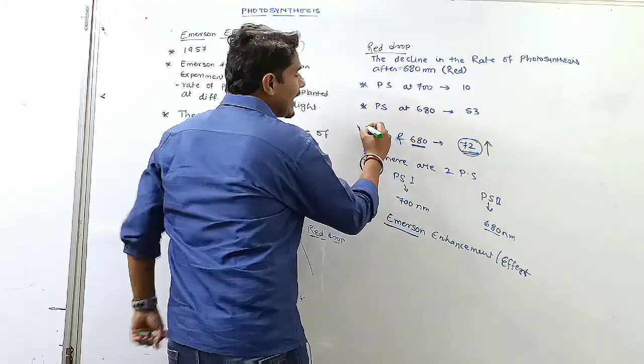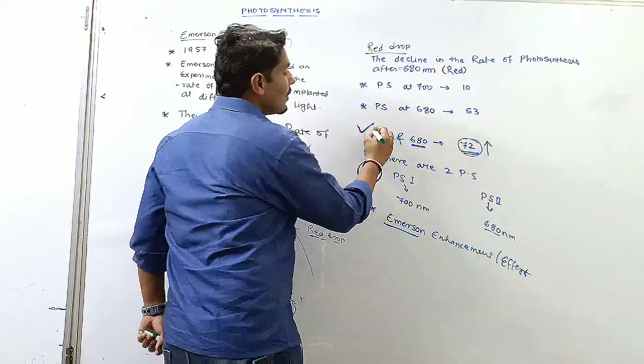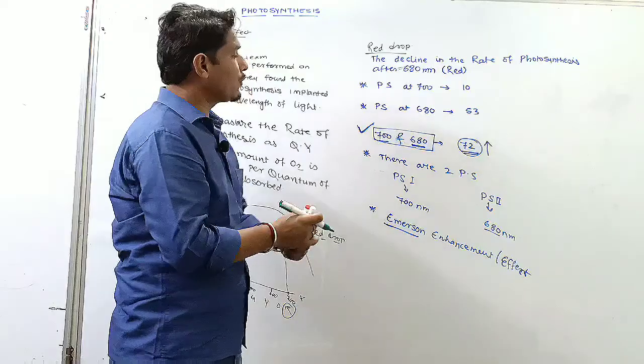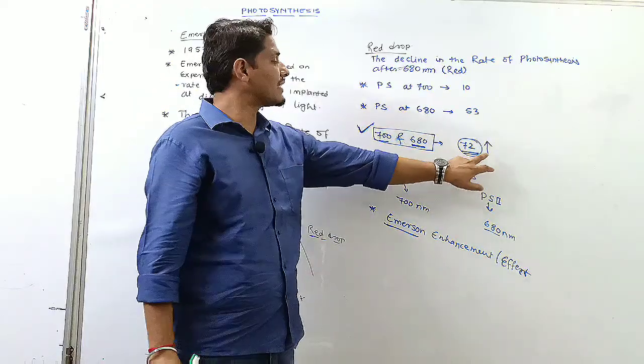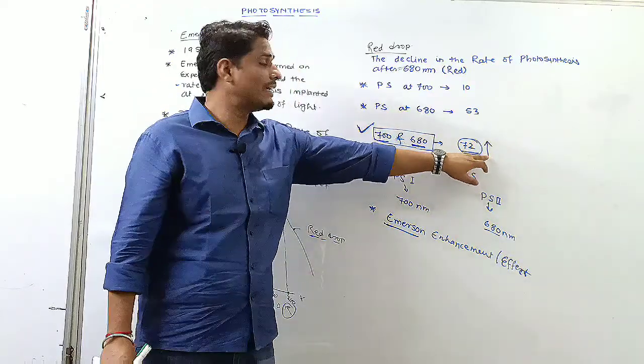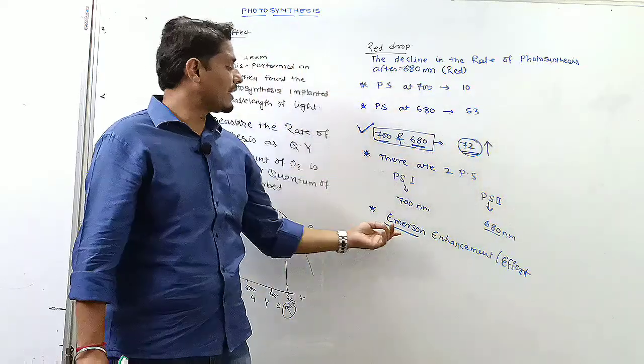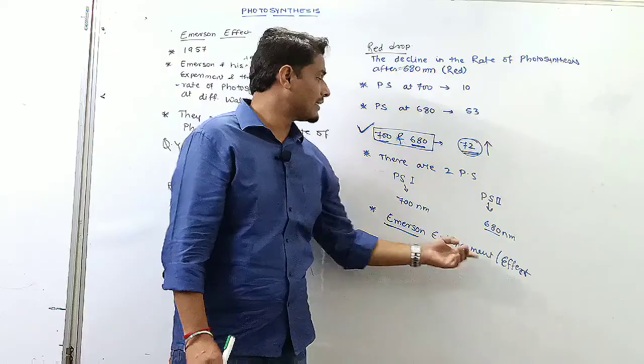But when he exposed the plant to both together, the quantum yield was 72. So the quantum yield gets enhanced. That is why it is called Emerson enhancement.